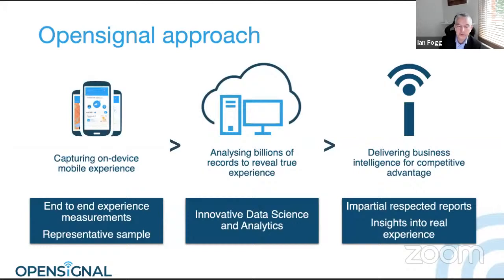So we use both automated testing and user-initiated testing. We also collect passive signal measures and other things as well. We do active tests for things like speed and latency, but also we do an active test for video experience as well, separately from download speed, which means if an operator is throttling video traffic, we will spot it.